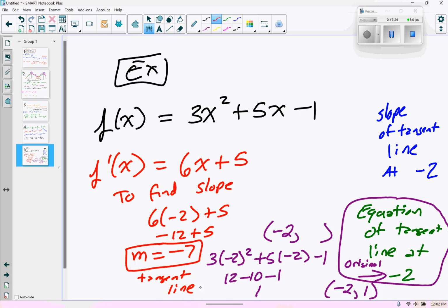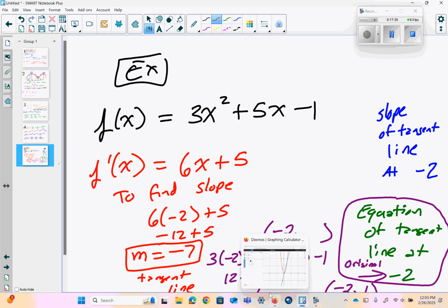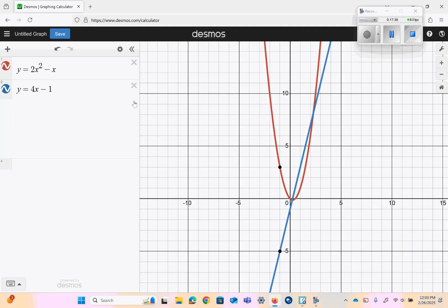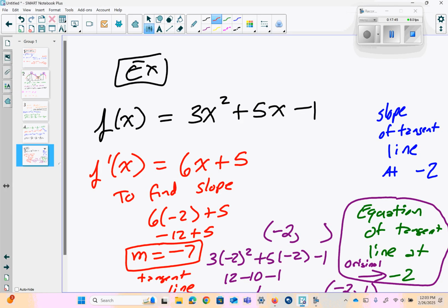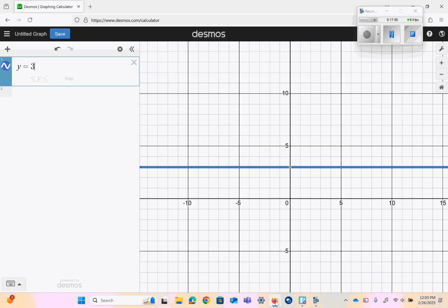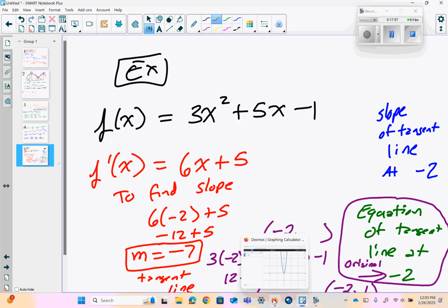We're almost done, but I want to show you what we're doing on Desmos before I go further. All right, so let's clear these things out. So I get y equals 3x squared plus 5x minus 1.